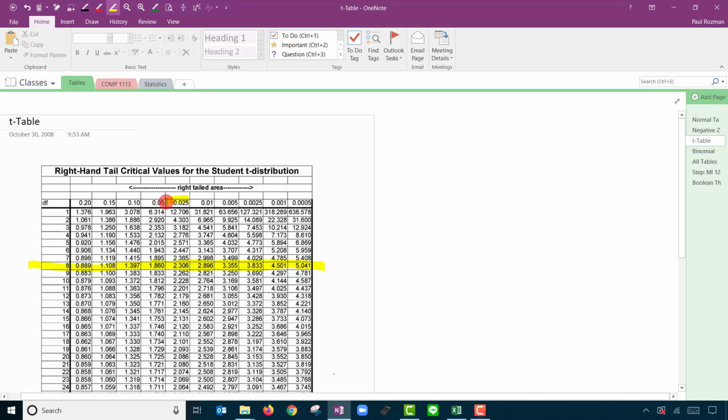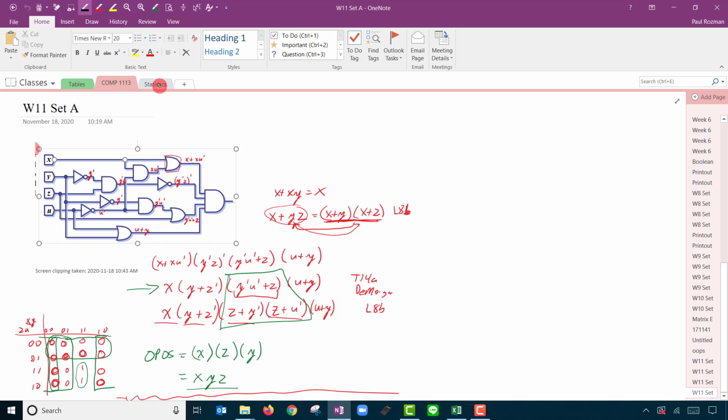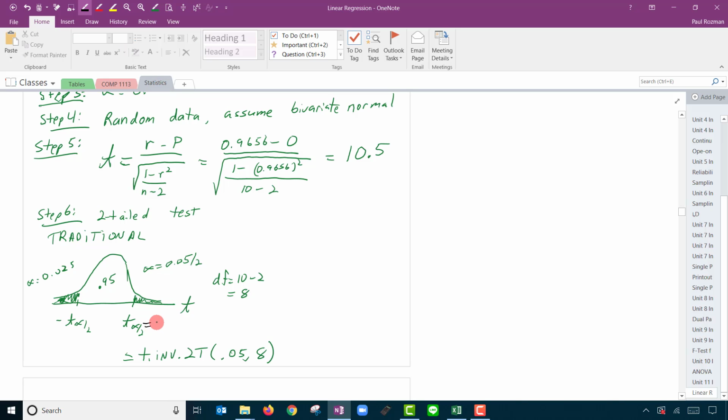And we have 0.025 in our tail. So our critical value will be 2.306. Our value that we calculated was 10.5, which is clearly in the rejection region.